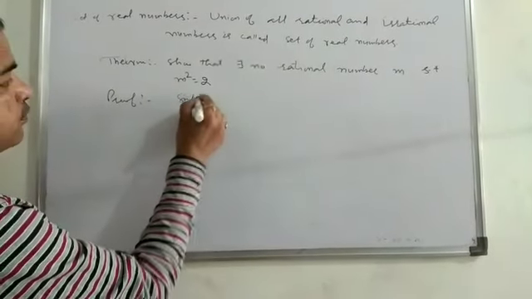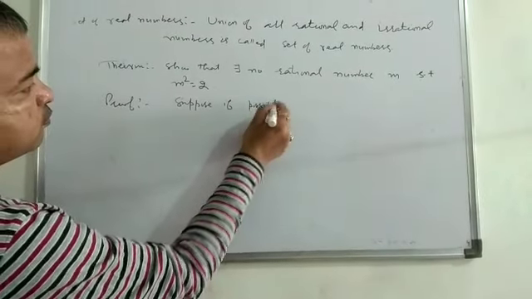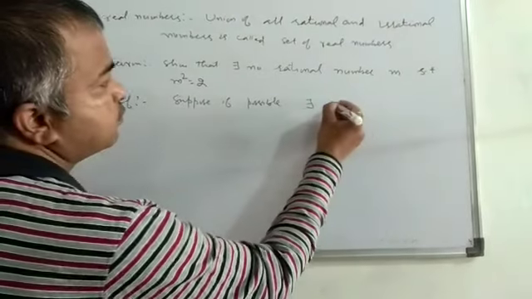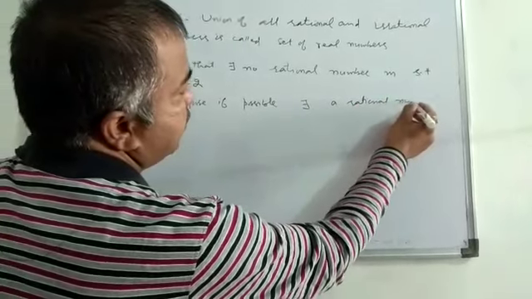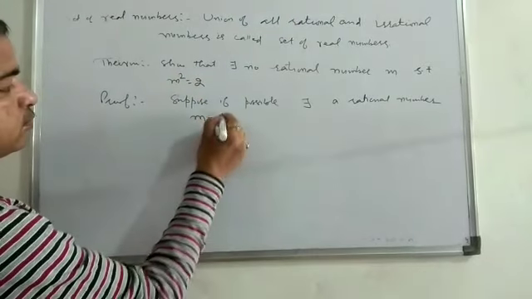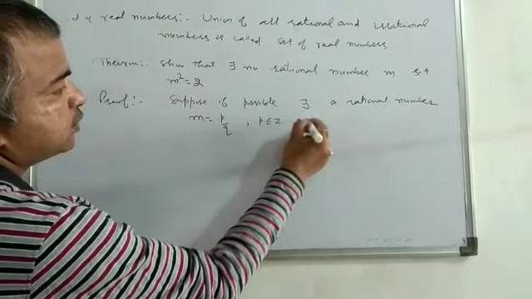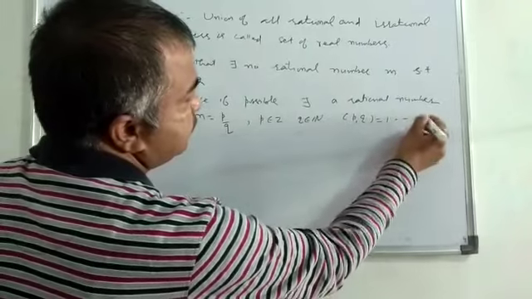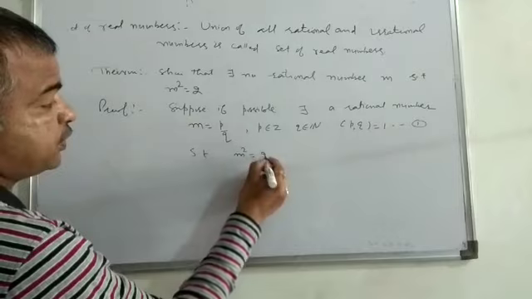Suppose, if possible, there exists a rational number m equal to p upon q, where p is an integer, q is a natural number, GCD of p and q is 1, such that m square equal to 2.